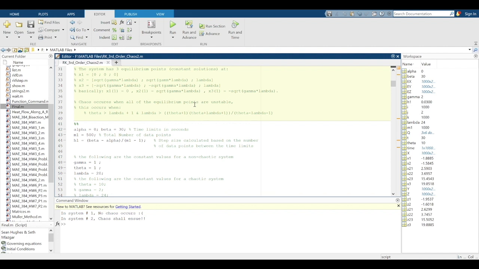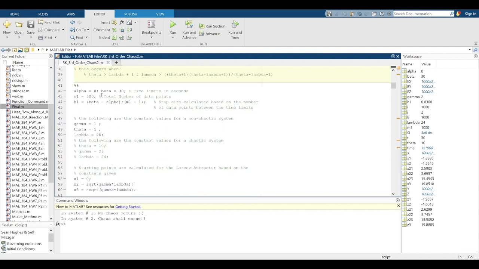So let's go ahead and talk about what this code is doing and what is in it. We have our initial conditions right here, alpha and beta. These are our time constraints. It has time 0 equals 0 and the end time is 30. M is our total number of data points, while H is calculated for our step size based on M and our time constraints.